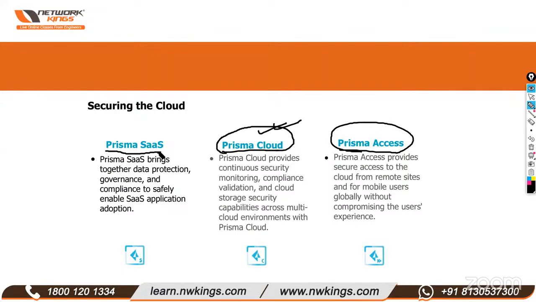SaaS is nothing but SaaS. When you implement Prisma SaaS, you protect your data inside. Whenever you are developing or testing any application, DLP will be applied to the data, so it should not go anywhere else. Whenever we think about cloud vendors like Google, they only protect their own infrastructure.